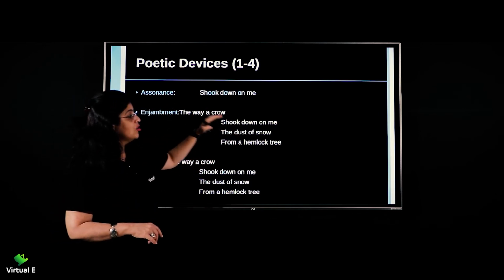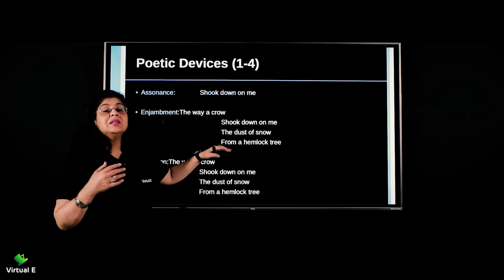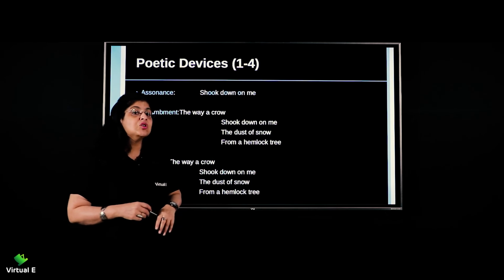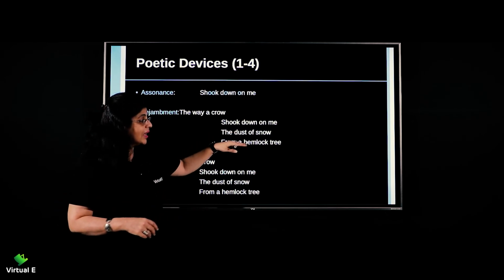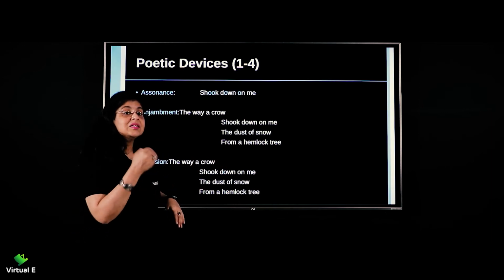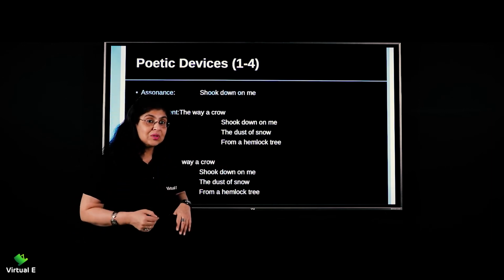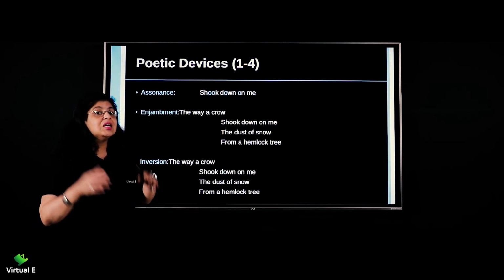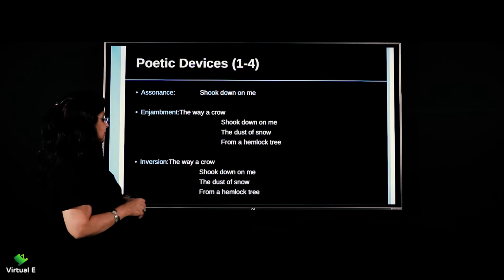The way a crow shook down on me the dust of snow. What about the dust of snow? From a hemlock tree. So this line is making sense only after you say the second line. So again, it is a running line, a continuous line. There is continuity without a pause, without a punctuation. So it is an enjambment.